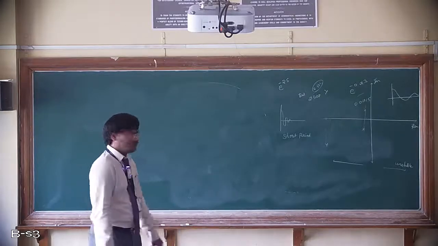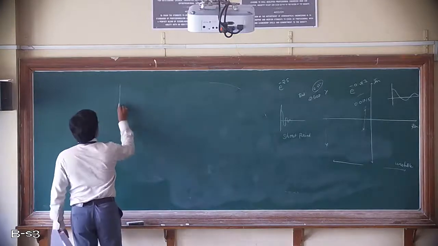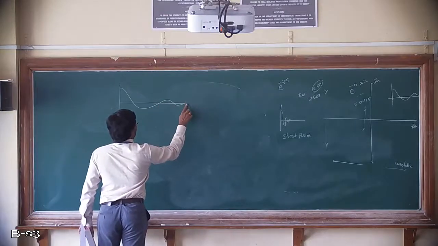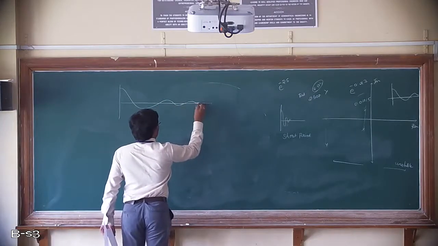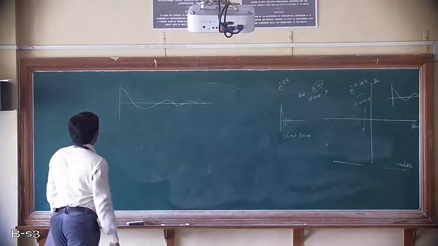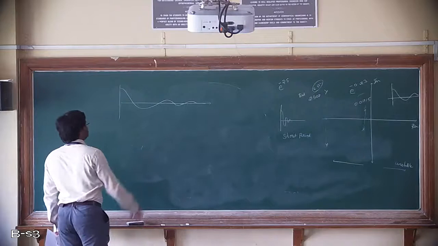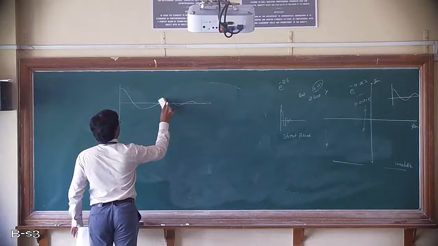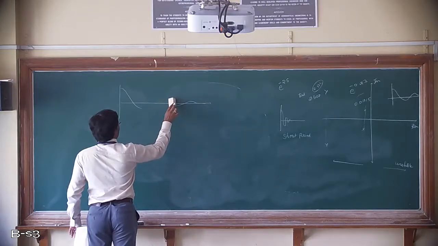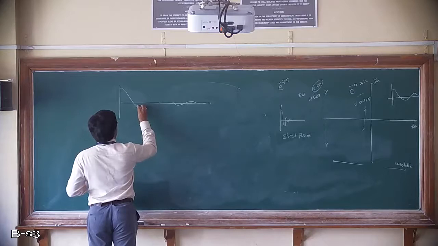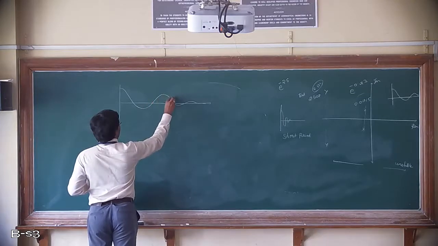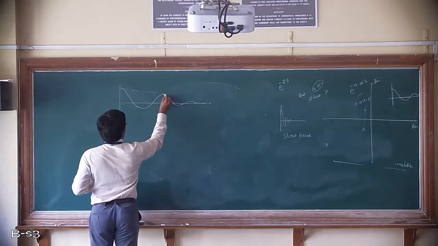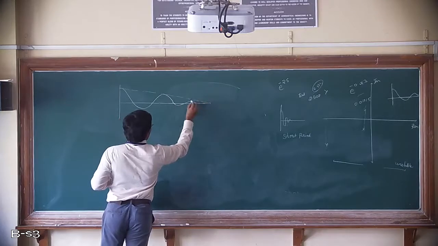Let's see. Both are oscillatory motions, even the Phugoid mode or the short period mode, both are oscillatory in nature. Definitely, because the roots are complex conjugate numbers. So if something is oscillatory, the waveform is something like this.